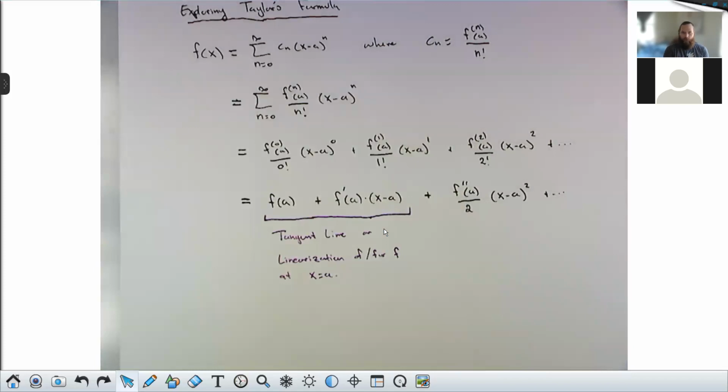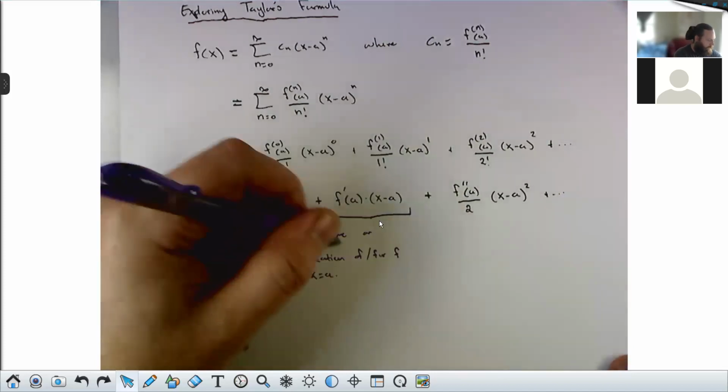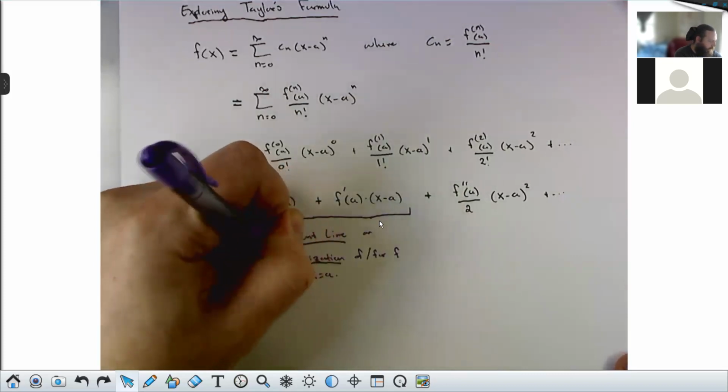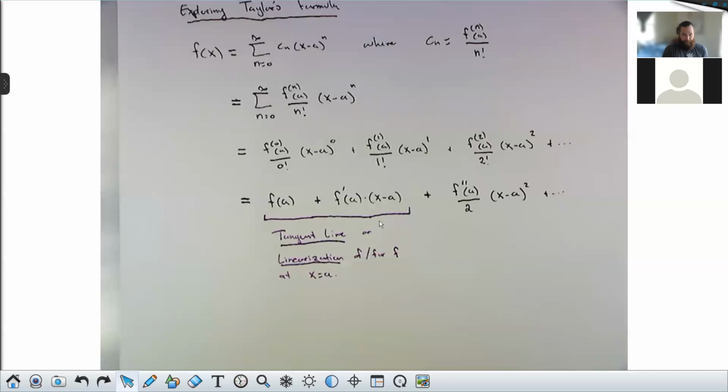Now, when I say first two terms, I mean the constant term plus the linear term. So when I teach linearization or linear approximation, those of you who had Calc 1 with me, remember that the thing they call L of x, the linearization, is the same thing as the tangent line, just solved for y. This is the tangent line, or the line that best approximates f at a.